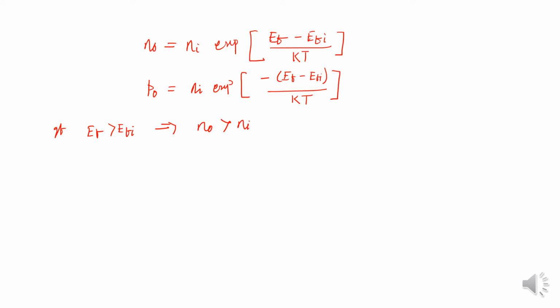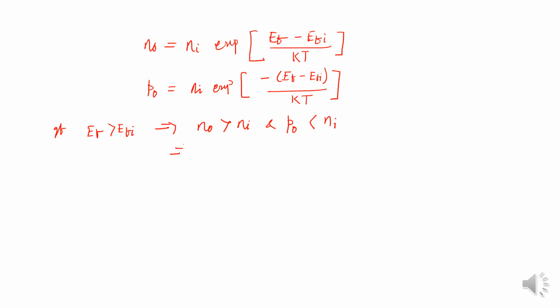From here it is visible: exponential of EF minus EFI. If EF is greater than EFI, definitely this EF minus EFI by KT term will be positive, and hence you will get N0 greater than Ni, and P0 will be less than Ni.